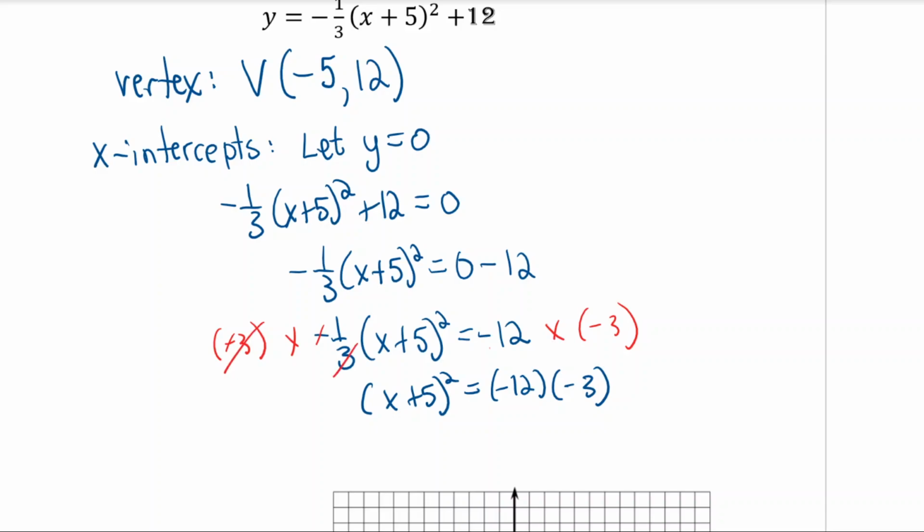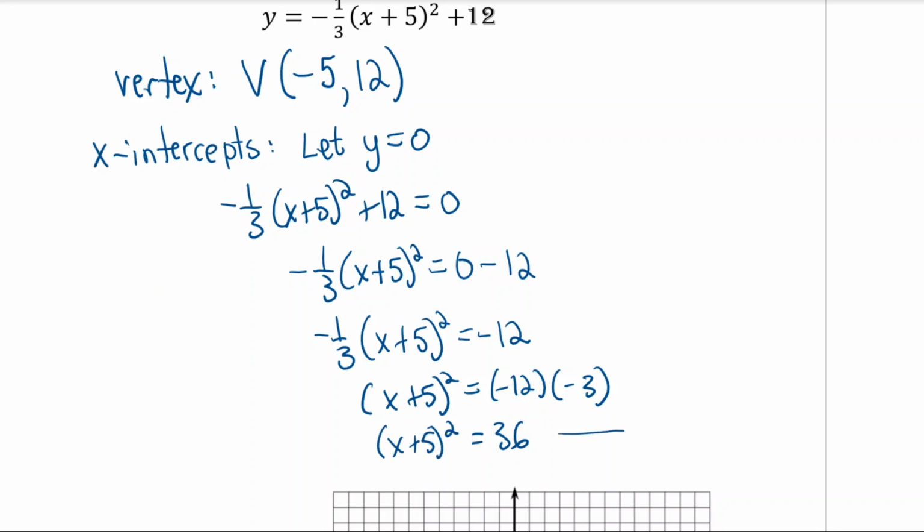So that annihilates that negative 1/3 that we have on the left side. On the right side, we have negative 12 times negative 3, which gives us 12 times 3, which is 36, and the negatives cancel out. We have (x plus 5) squared equals 36.